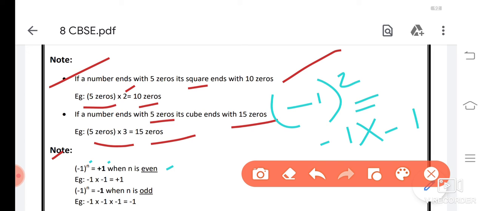Like that, minus into minus is plus, 1 one is 1. Minus 1 whole to the power of n is equal to minus 1 when n is odd. That is, minus 1 into minus 1 into minus 1 is equal to minus 1. Why? Because minus into minus is plus, plus into minus is minus.